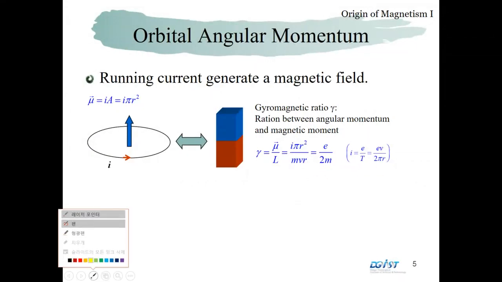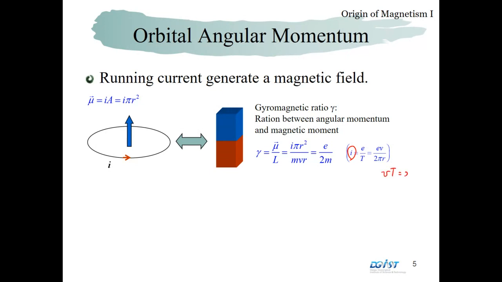Because the running current I is defined by charge e and the time period t, and we have the relation vt equals 2 pi r, current I is nothing else but this expression.